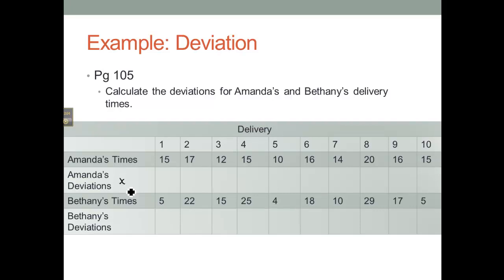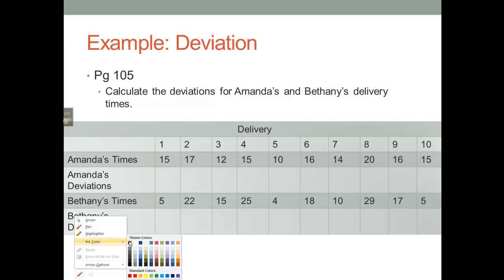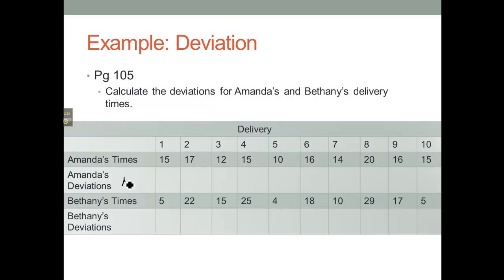So instead of x bar, we want mu, because we're going to consider this their population. So the mu for Amanda is 15. And Bethany's mu is actually also 15.